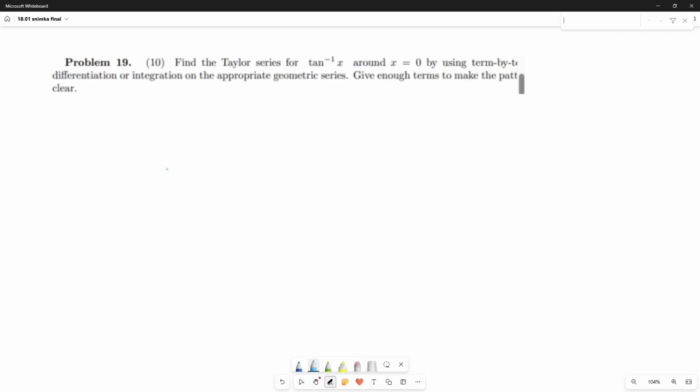In problem 19, we need to find the Taylor series for the inverse tangent of x around x equal to 0.